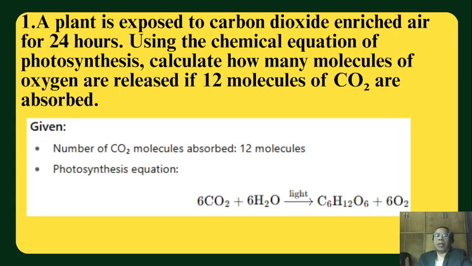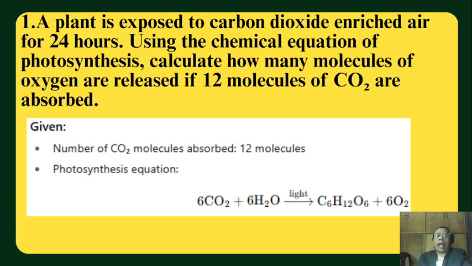Using the chemical equation of photosynthesis, calculate how many molecules of oxygen are released if 12 molecules of carbon dioxide are absorbed. So we are given the number of carbon dioxide molecules absorbed, which is 12 molecules.